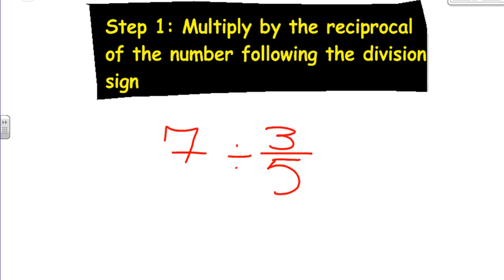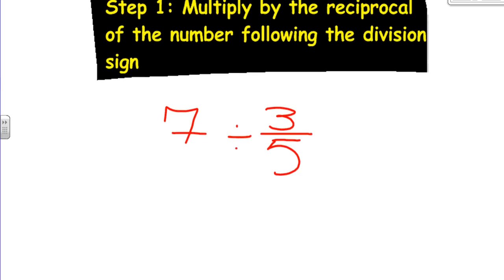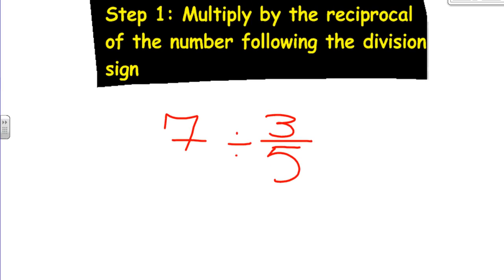Excellent. Now we're ready to start dividing fractions. When dividing, remember to follow the first rule, which is the only difference between dividing and multiplying fractions. That first rule says to multiply by the reciprocal of the number following the division sign.